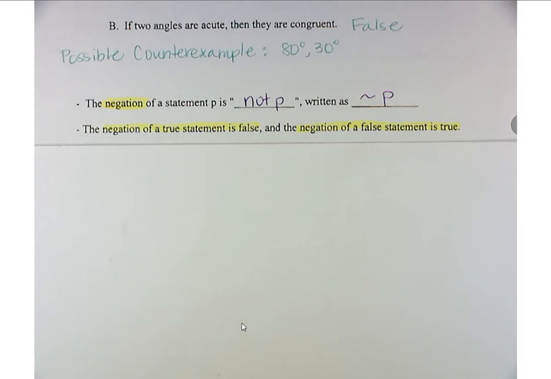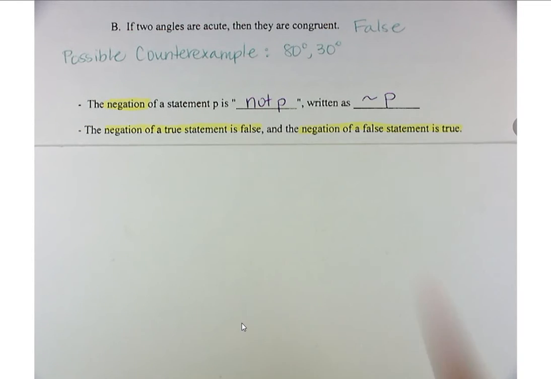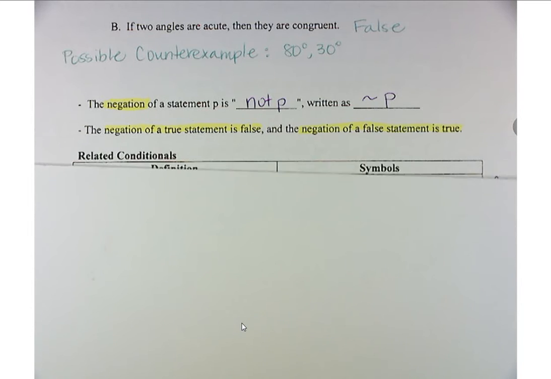That is going to mean not P. If you negate a true statement, it is false. And if you negate a false statement, it is true. So it's very similar to the opposite.